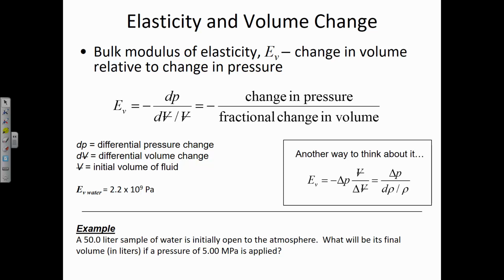So that's 5 times 10 to the 6th pascals that's being applied. So that's the delta P. We can solve for the delta V that occurs and then apply that to the initial volume to find the final volume.